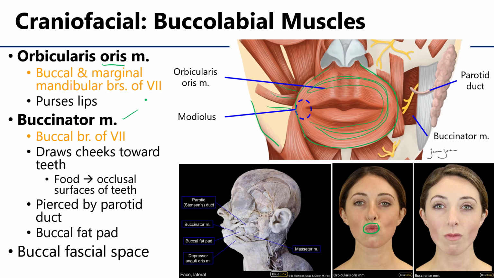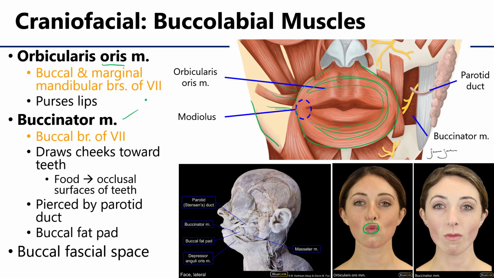And what this muscle does is that it draws your cheeks toward the teeth. So any materials that you're chewing get pushed from your oral vestibule into the occlusal surfaces between your teeth. So this is very helpful when you're, say, eating, so that you can bring those foodstuffs and materials in between the teeth so that they can do their jobs of cutting and grinding.